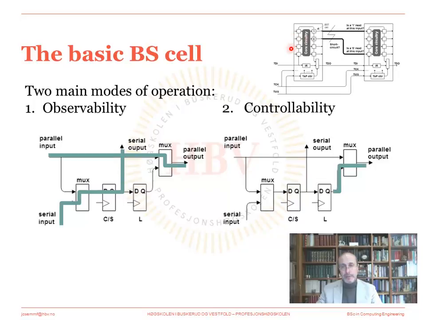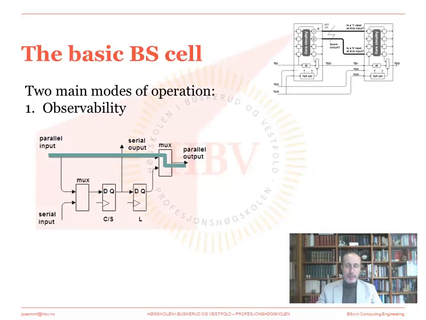So this connection from the pin to the core circuitry has been broken in the case of the controllability operating mode. Well, in this case, you can still alternate between capturing and shifting modes.